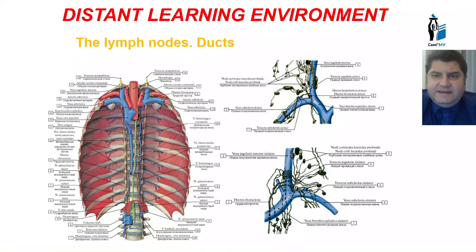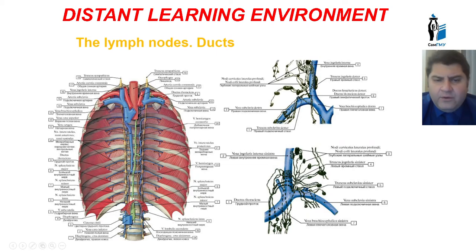So we can see some of them here. In the left picture we can see the thoracic duct, cisterna chyli, the initial part. Also we can see the pathway of the thoracic duct from the abdominal cavity to the thoracic cavity.